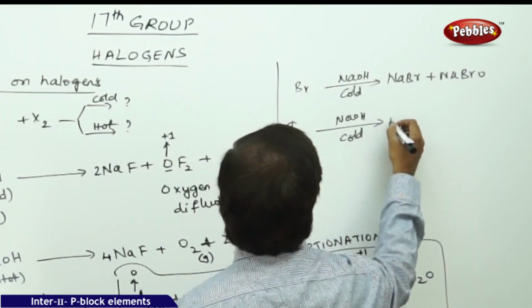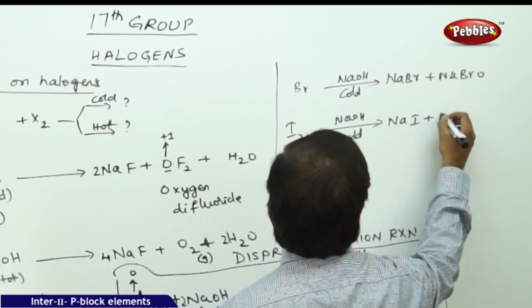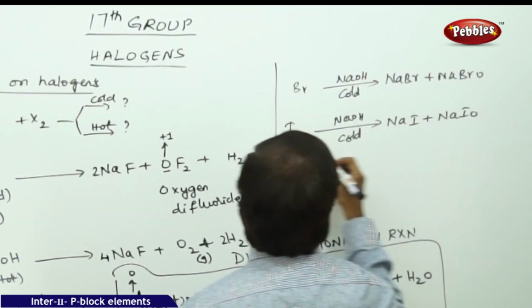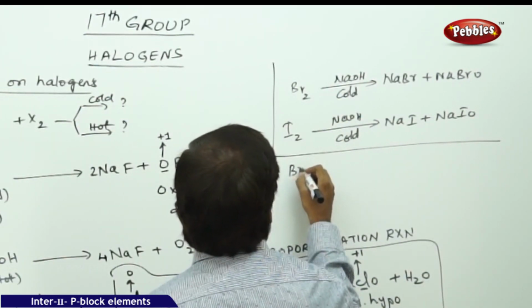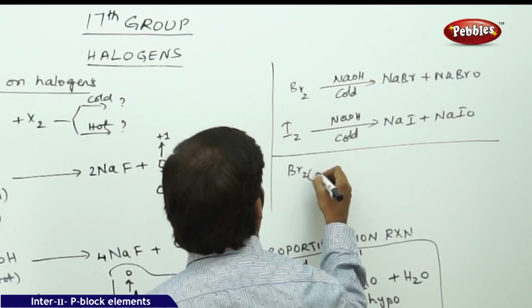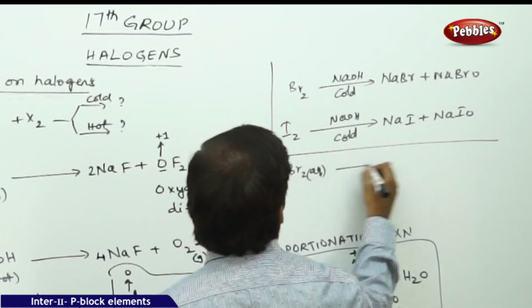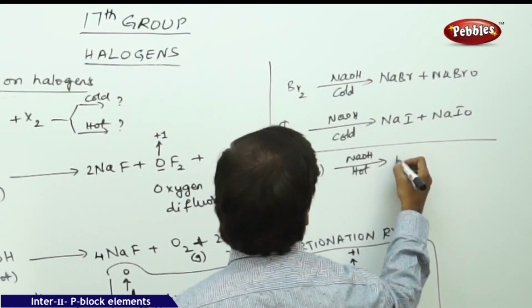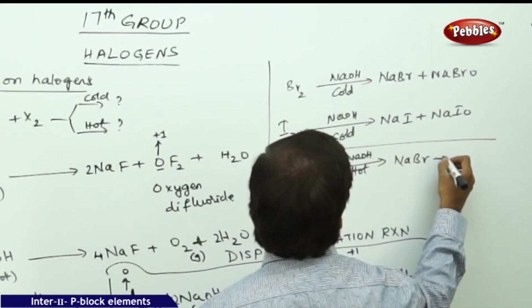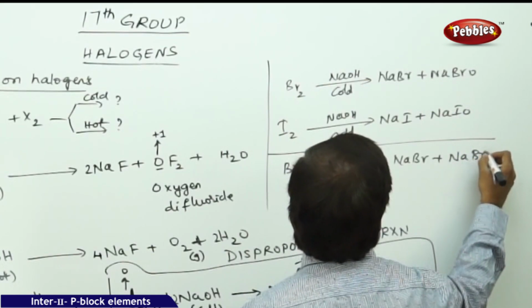If you take NaI plus NaIO, and if you take bromine aqueous in the presence of hot NaOH, I am not balancing the equation, you get sodium bromide plus sodium bromate.